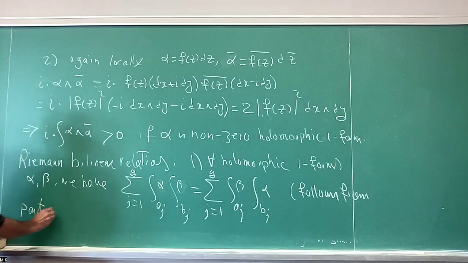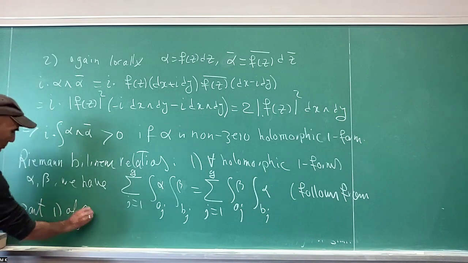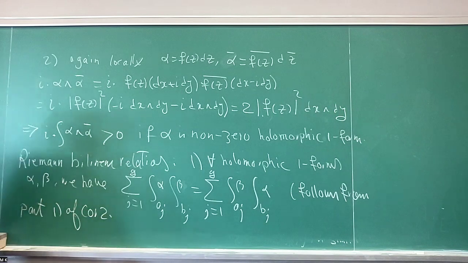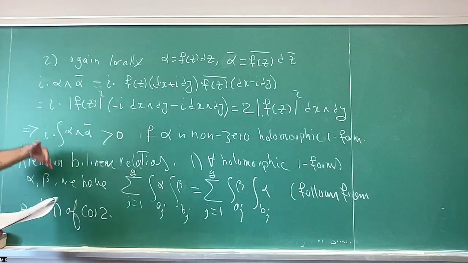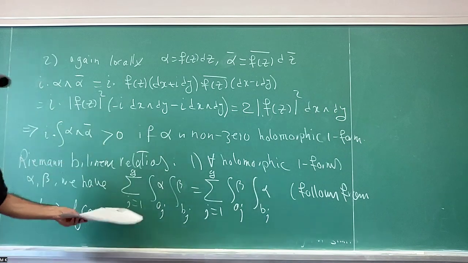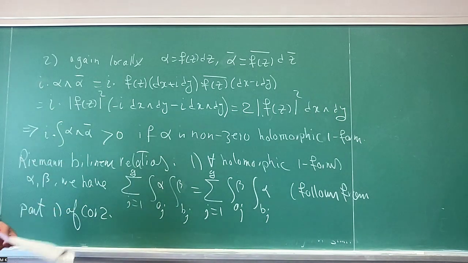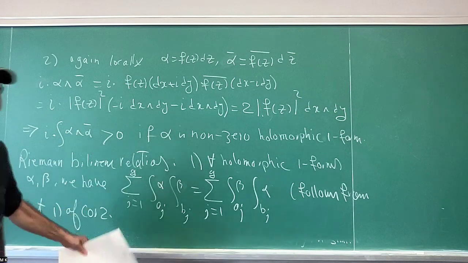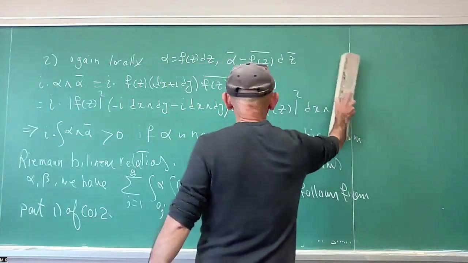Obviously. And obviously now the second part, which is this positivity statement, also has an interpretation in terms of this. I mean, it's really that corollary two is the real Riemann bilinear relations. I don't even have to write it this way, but let me write it anyhow.